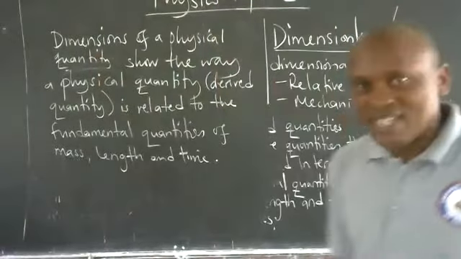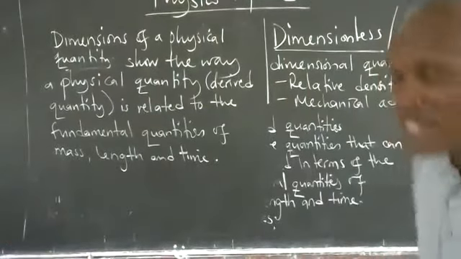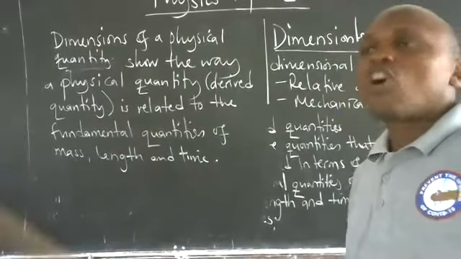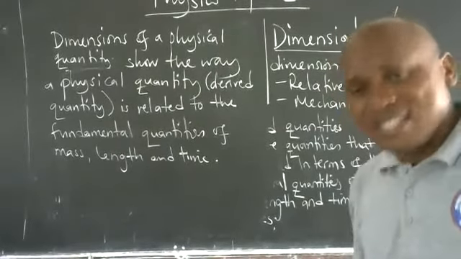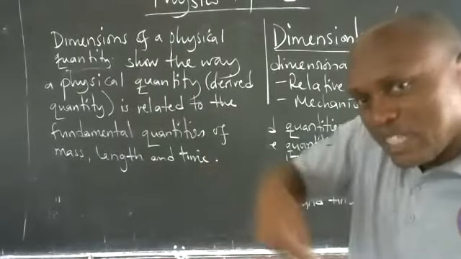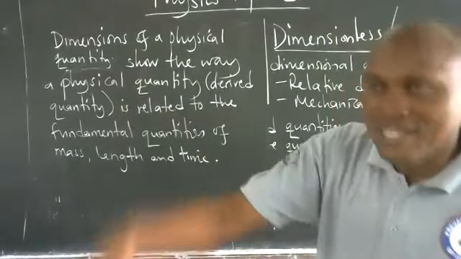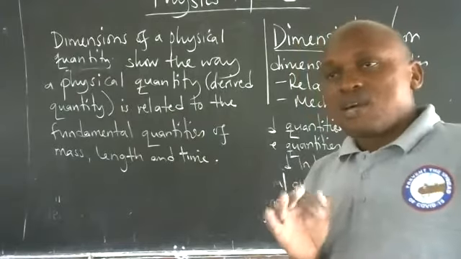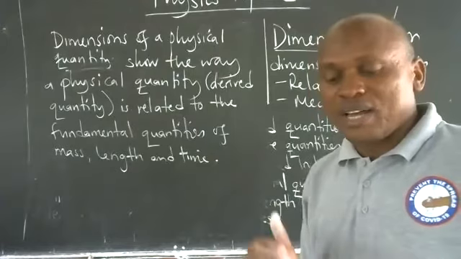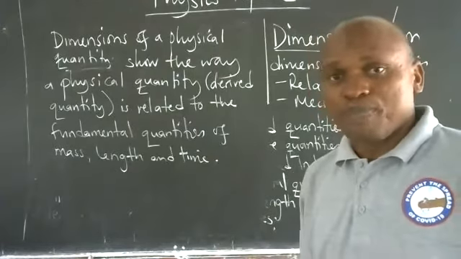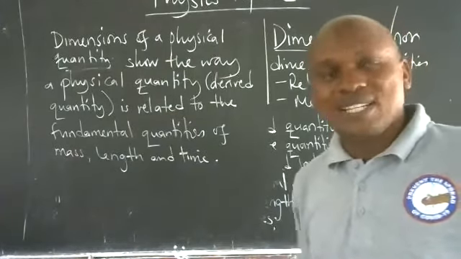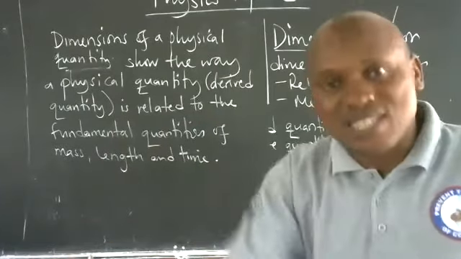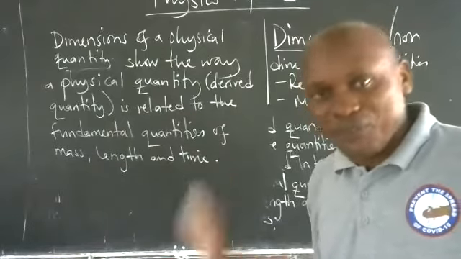Don't forget, the fundamental quantities are three: mass, length, and time. All other derived quantities that have dimensions, that have units, are related to these three. Some use two out of the three, others use all three in their relation.